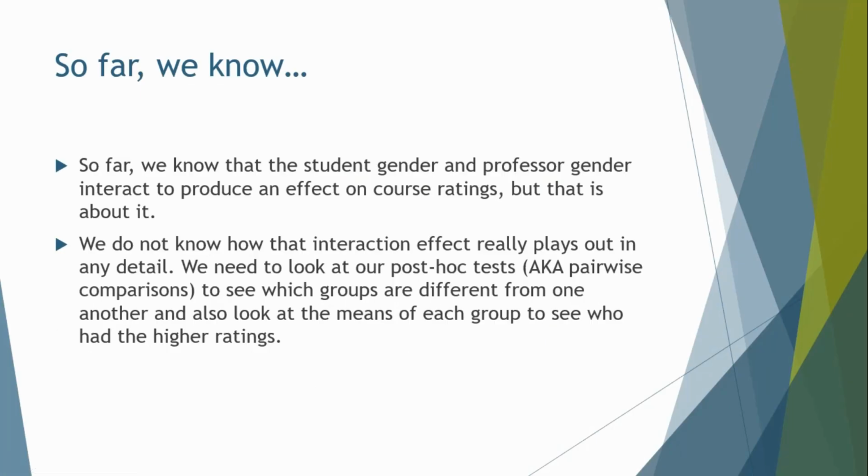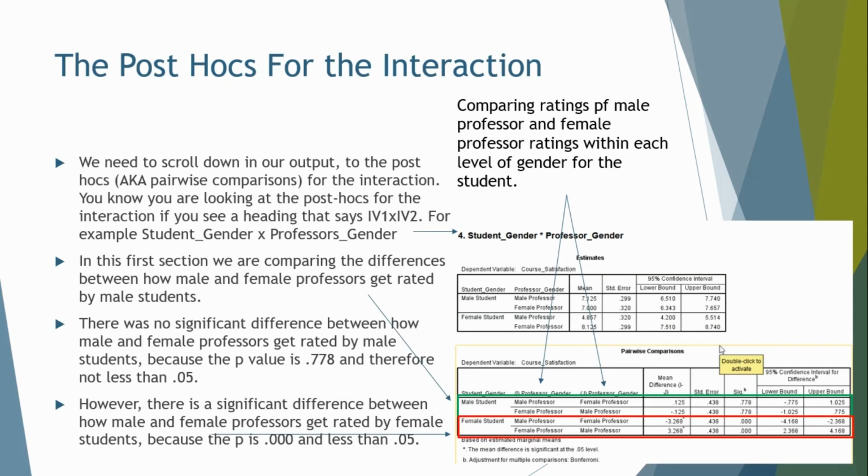So far we know that student gender and professor gender interact to produce a significant effect on course ratings, but that is it. We don't know how that specific effect plays out. We need to look at the post hocs, called the pairwise comparisons in SPSS, to see how that specific interaction is working out.